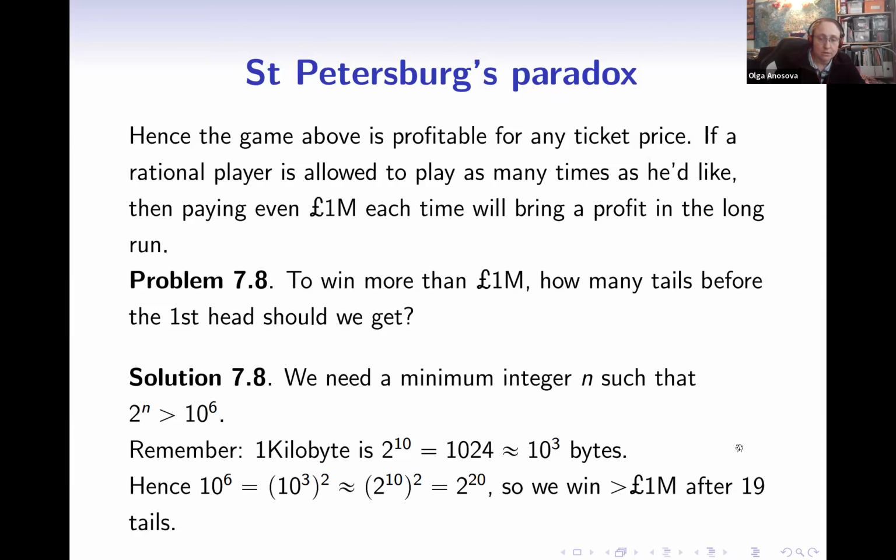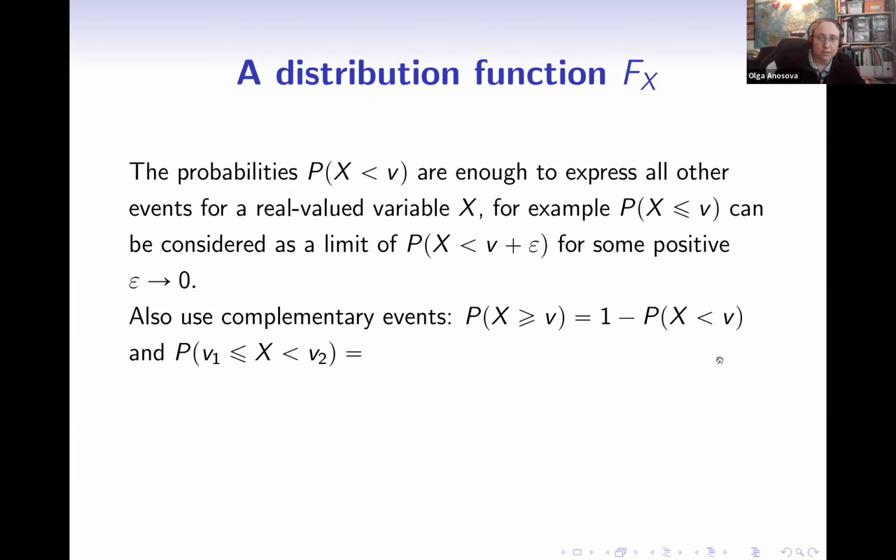And it turns out that we can indeed use probabilities to define everything else, all the probabilities that we need, even if we cannot pinpoint every single probability. Because the probability of a random value being smaller than some number is enough to express all possibilities.